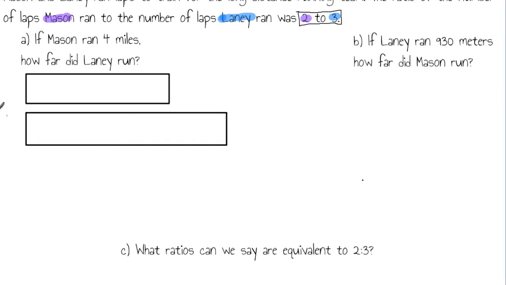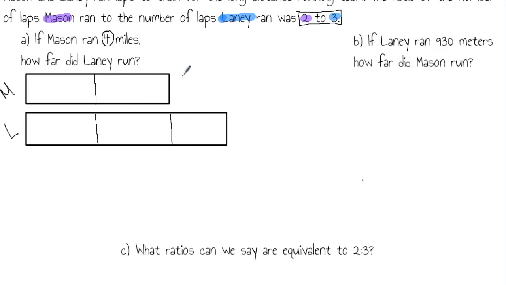So here we have Mason, and I'm just going to use an M for Mason and L for Laney, and for every 2 laps he ran, Laney ran 3 laps, because remember that's what that means. For every 2 laps that Mason ran, Laney ran 3 laps. So now we want to know if Mason ran 4 miles.